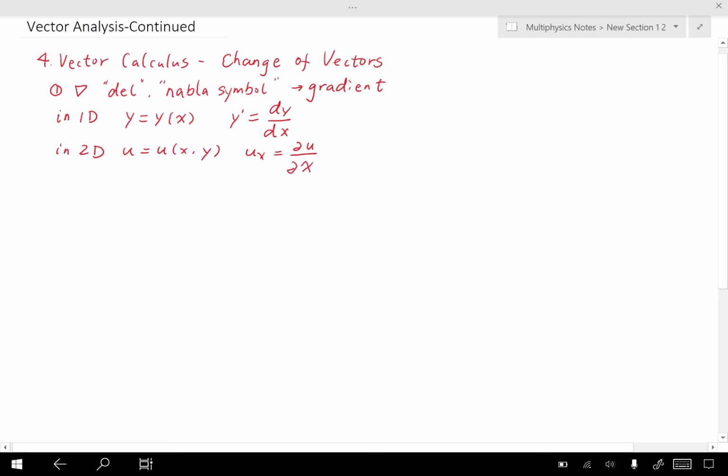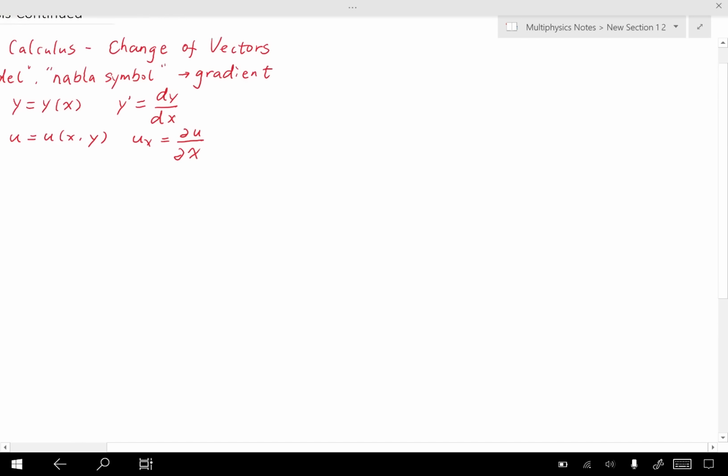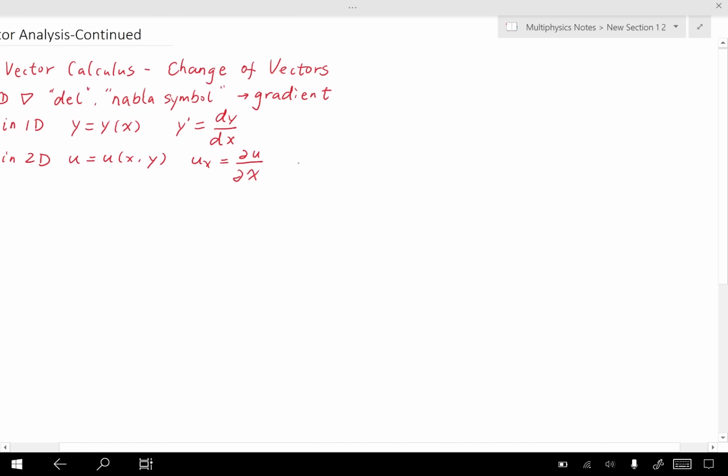And again, this symbol, some people also call it del, and some people call it partial d or curly d, but the most comprehensive way for pronouncing this symbol, partial u partial x, is the partial derivative of u with respect to x.